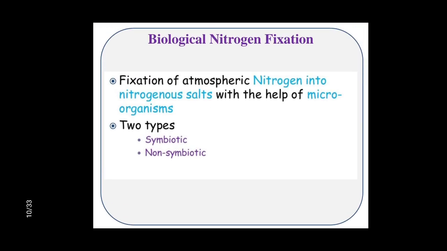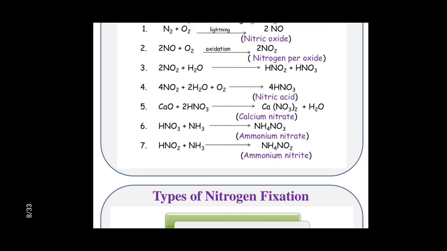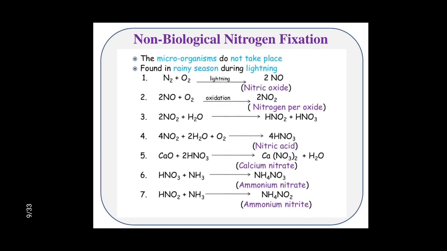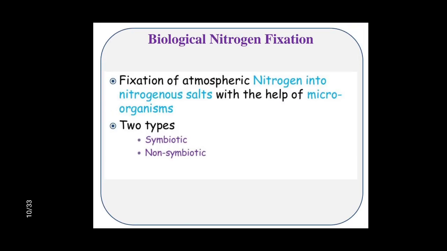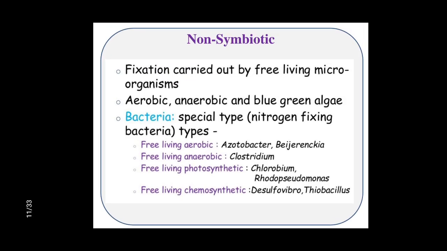Biological nitrogen fixation: fixation of atmospheric nitrogen into nitrogenous salts with the help of microorganisms. In non-biological nitrogen fixation, there is no need of microorganisms, and in biological nitrogen fixation, there is need of microorganisms. These are further of two types: symbiotic and non-symbiotic.